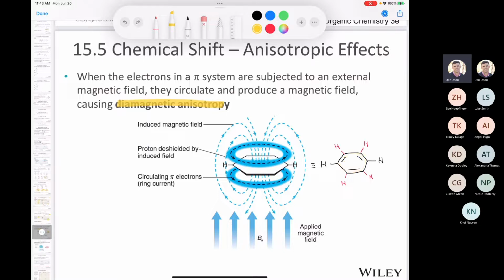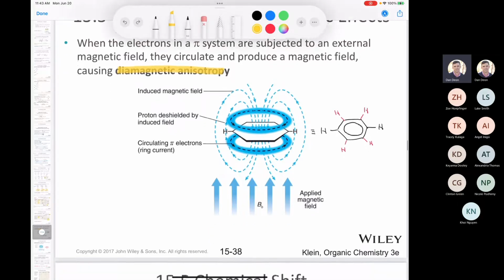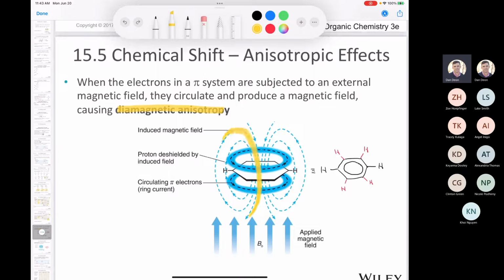I'm sure that you've seen benzene drawn like this if you've ever perused the internet, where they draw a circle to show that the electrons are delocalized throughout the ring. I think we discussed that when we talked about resonance. Here are those electrons, going around and around, and that creates a magnetic field. Here are the magnetic field lines, all these little dashed lines going up and down.